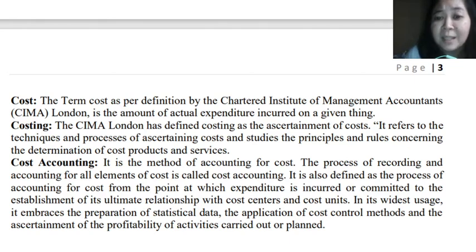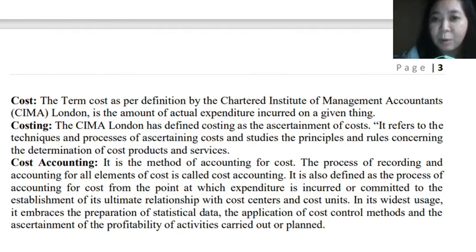In its widest usage, cost accounting embraces the preparation of statistical data and also the application of cost control methods, as well as the ascertainment of the profitability of activities carried out or planned. So, if you could see, cost accounting does not only limit itself to the recording and accounting for the elements of cost.